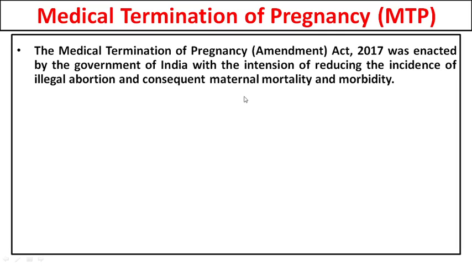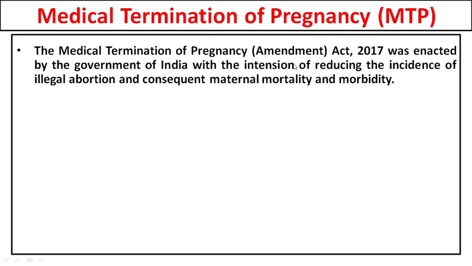Now, according to our government, there was a Medical Termination of Pregnancy Amendment Act in 2017, and this was made by the government to make sure that illegal abortions do not take place. Illegal abortions are done in some shady places and some very weird hospitals, and this may affect the mother's mortality.